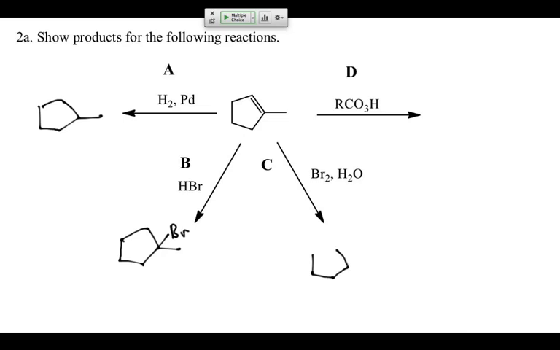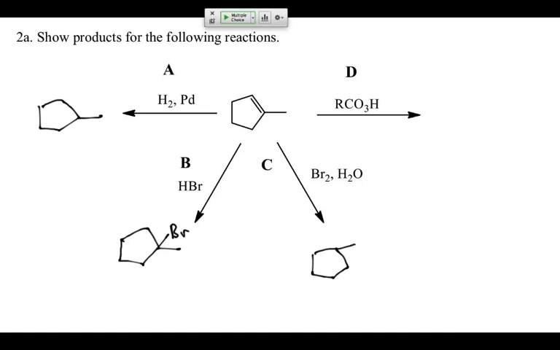Okay, so now you have to be careful. This must be then a syn or anti-addition. It's an anti-addition, because you open the bromonium ion from the backside. Okay, so it's going to look, let's see. The water is coming.